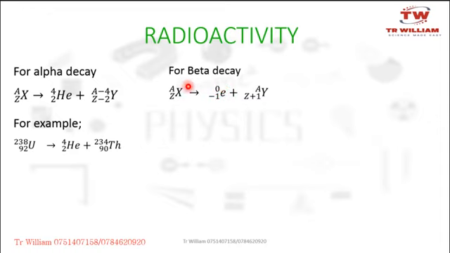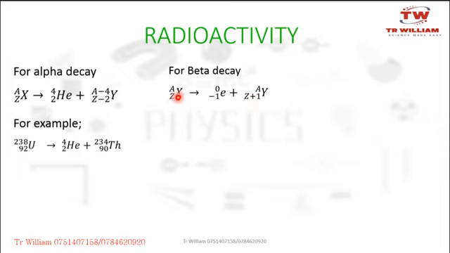So if this atom had a mass number A, its mass number has not changed, but its atomic number changes, because we lost an electron, not a proton. When that electron is lost, the protons now remain more than the number of electrons in the atom. So the atomic number will increase by 1.